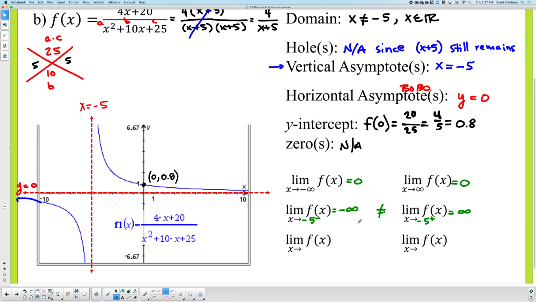They're not the same. Since they're not the same, the limit at -5 would not exist. There's no other break, so I don't have to use this limit. I'm going to do it right here. The limit at -5 does not exist because these two are not equal.